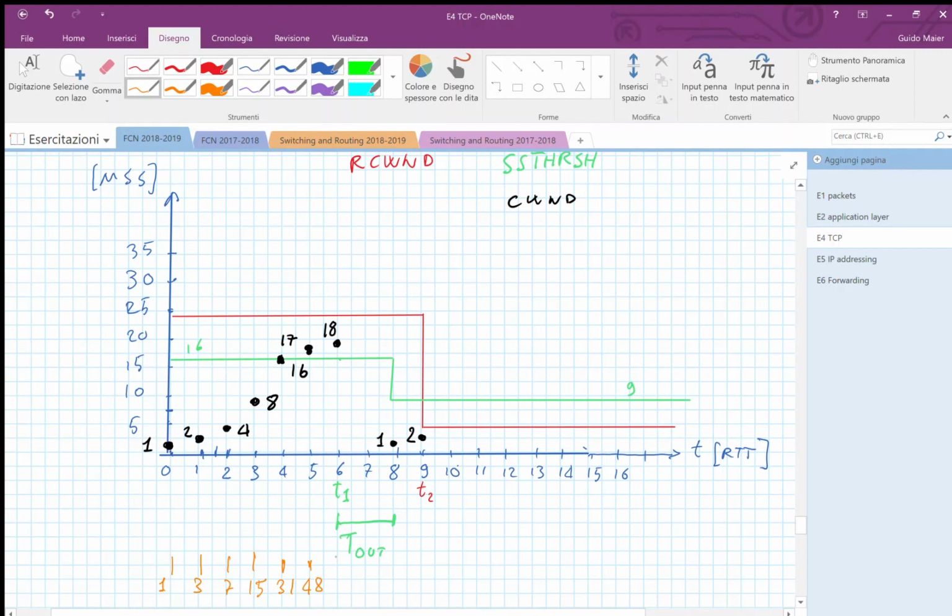Tell me if I am wrong. Plus 18 is 66. Okay.